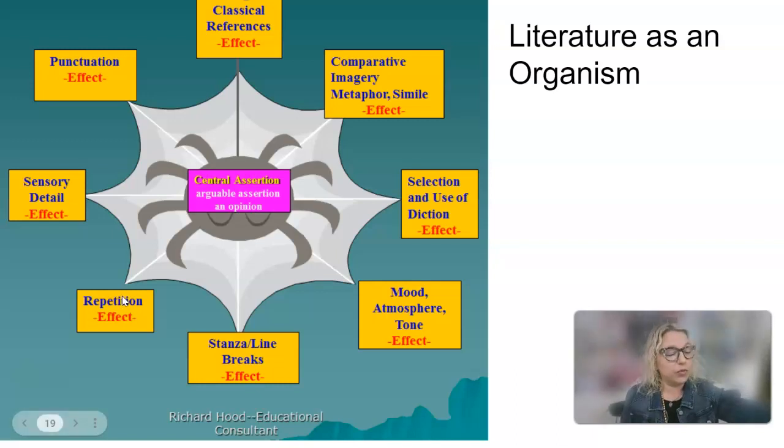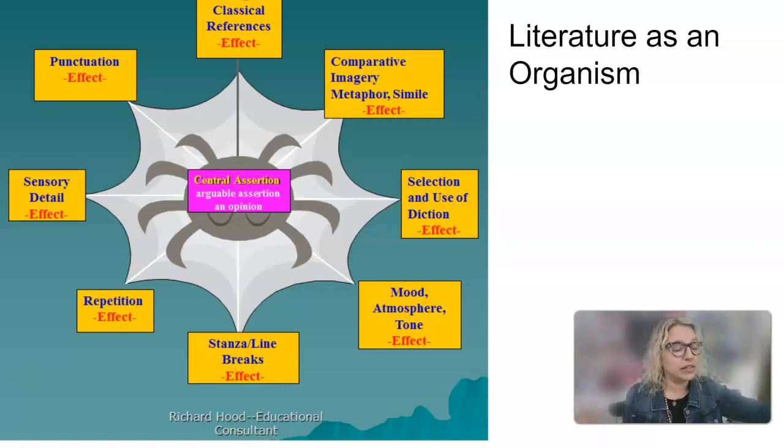Organic unity is emphasized in formalism, so all the bits and pieces, the literary devices, the wordplay, the figurative language, the imagery, the unusual word choices that you can find in a literary text build and complement each other. They help each other like an organic being.